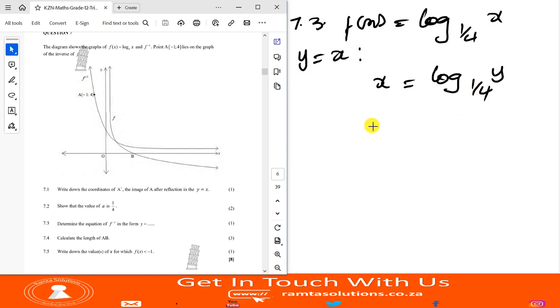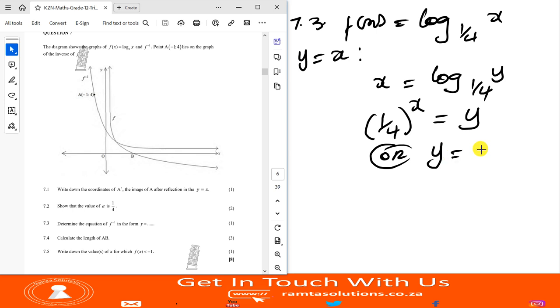So 1 over 4 to the power x is equal to y. We are done. There's nothing else that we need to do. We can leave it here. If you don't want to leave it like this, you can also say y equals 4 to the negative x. It's the same thing. You choose this one or this one, it doesn't matter.